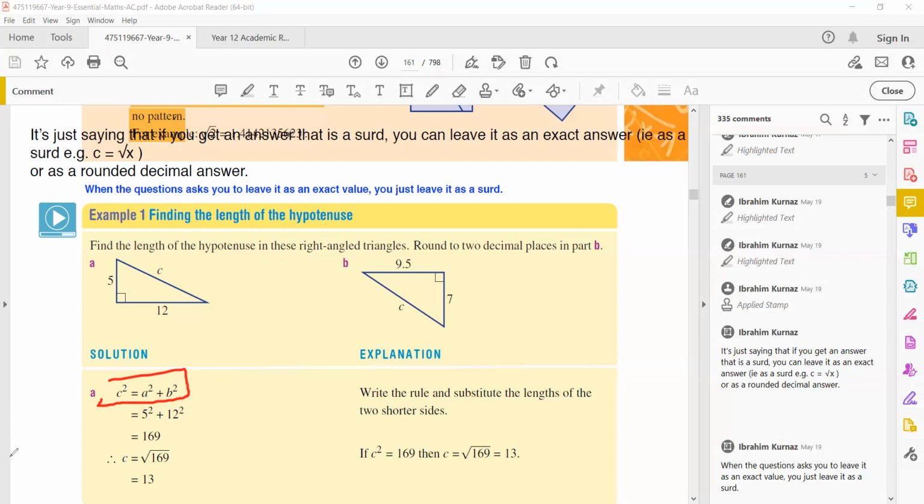Now, in this question, 169. Then it is C square. C square equals 169, right? Then you have to find C, meaning you take the square root.